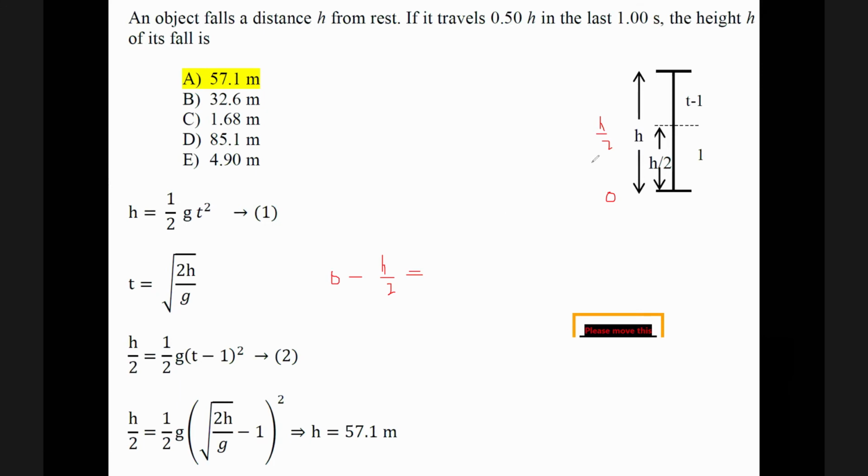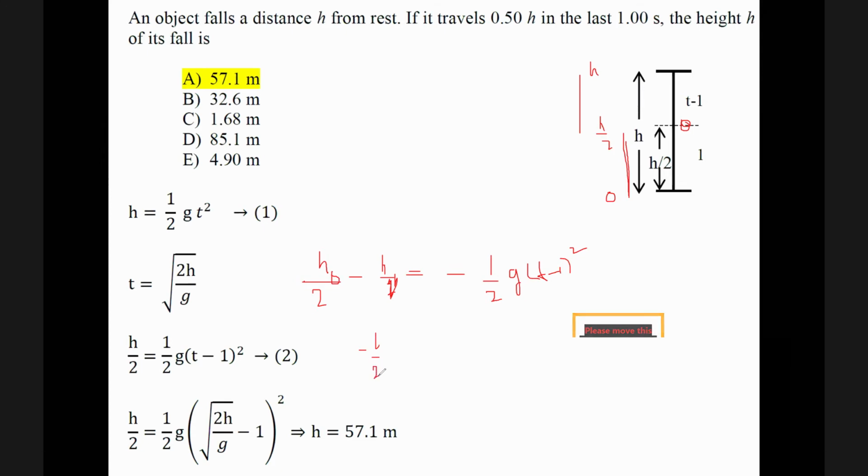I don't have v naught, it is minus half g (t minus 1) squared. I cannot work on this period because I don't know the initial velocity here. That's the problem. So sorry, I'll correct it: h/2 minus h, minus h/2.